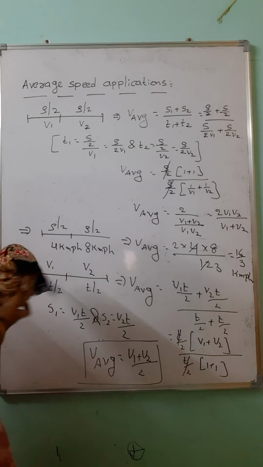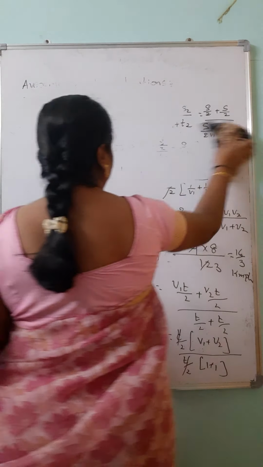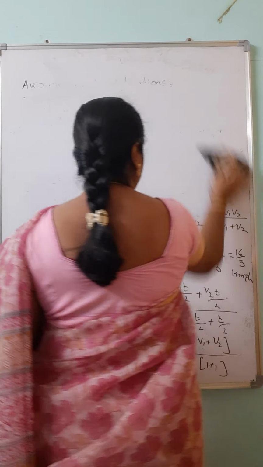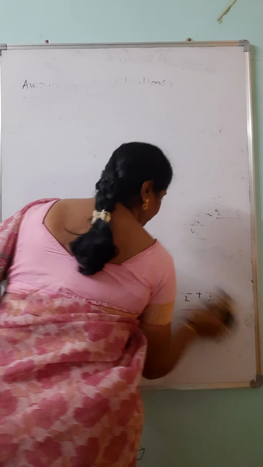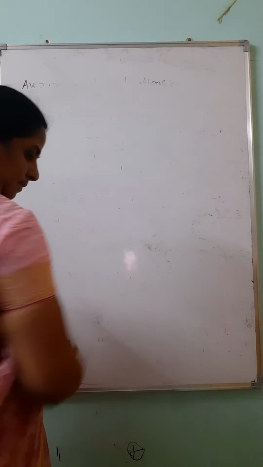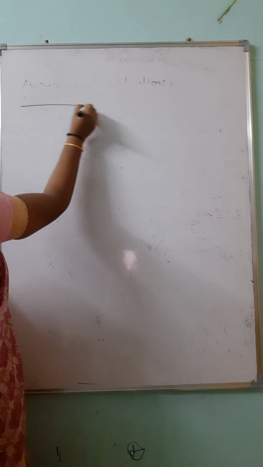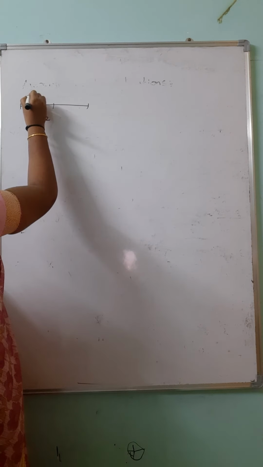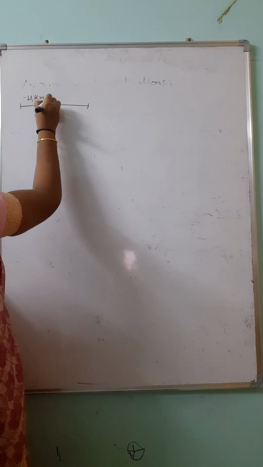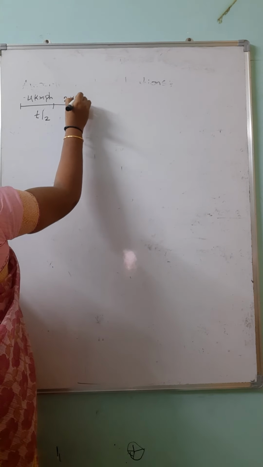Now we are going to discuss a few more problems. Look, the body covers half of the time with 4 kmph and the remaining half of the time with 2 kmph.